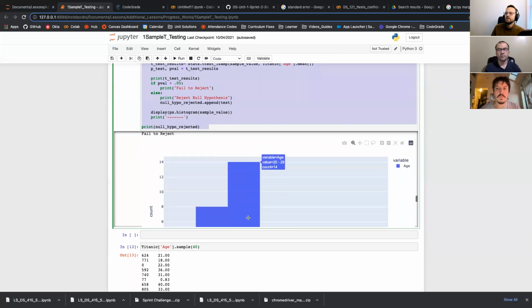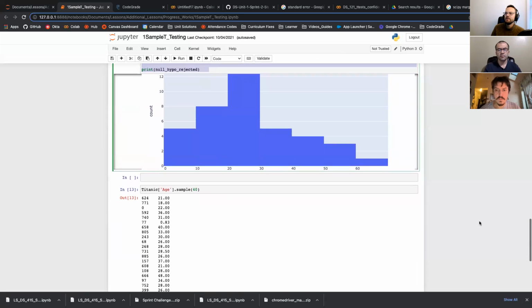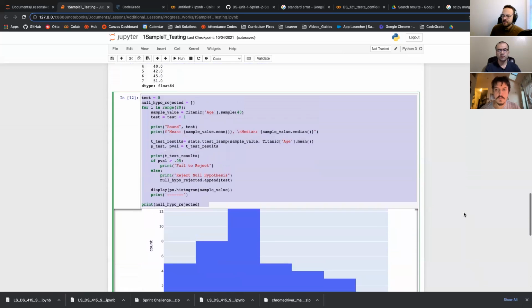So in this case, what we run when we run our t-tests is that if you run this test an infinite number of times, you can expect there to be a 5% chance that you incorrectly reject your null hypothesis.